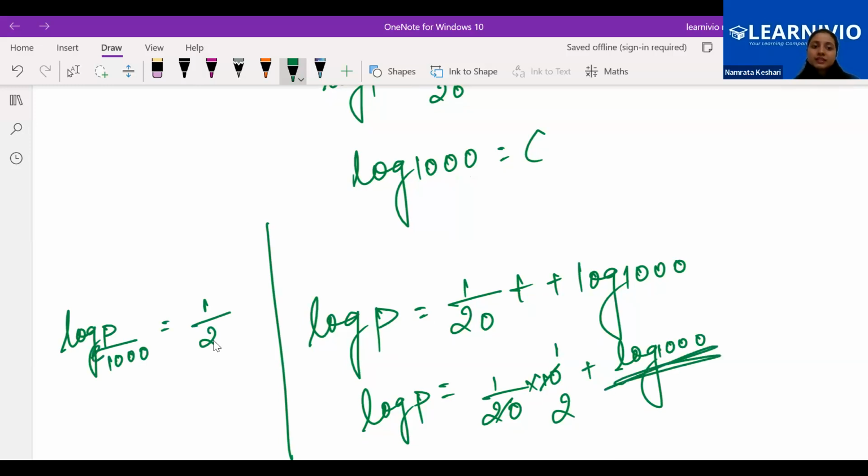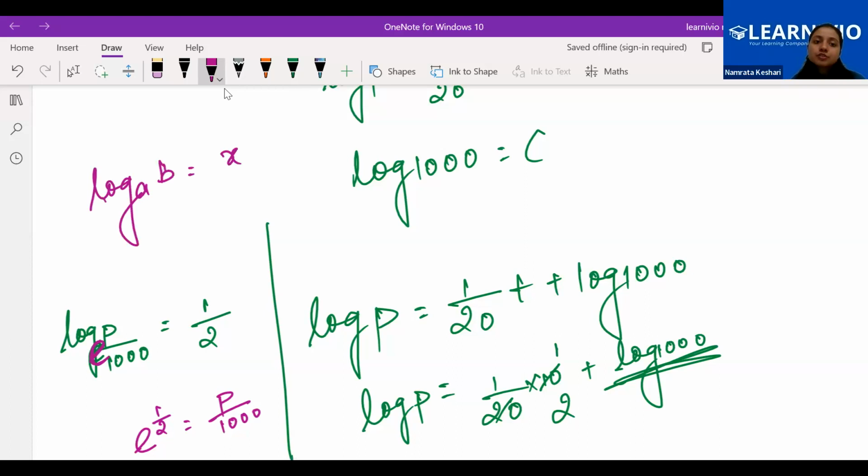And here base is e, of course. From the very beginning I am telling you that e to the power 1 by 2 is equals to P by 1000. Can we write it like this, Murtaza? Yes, ma'am, we can. Because log a base b is equals to x can be written as a to the power x is equals to b.